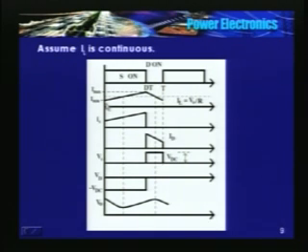In other words, the capacitor is discharging, V naught is falling. At this point, both the currents are the same, capacitor current is 0, then inductor current starts increasing, capacitor current also starts increasing. So, the capacitor starts charging.